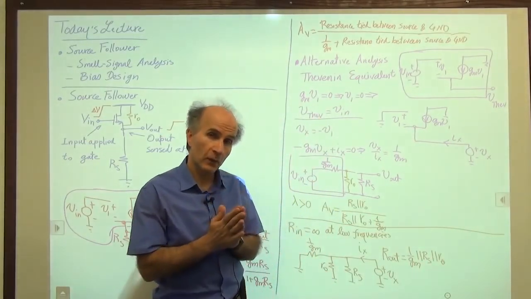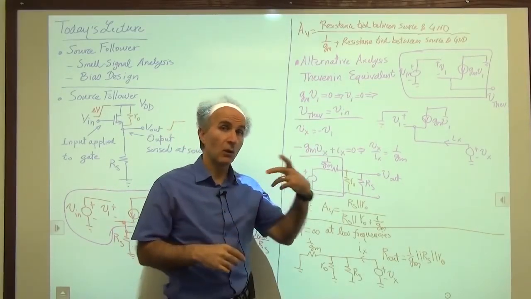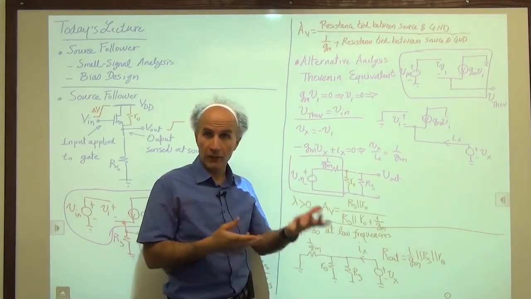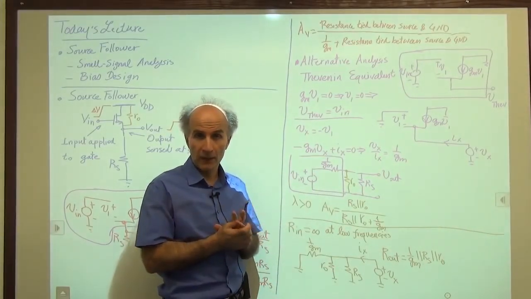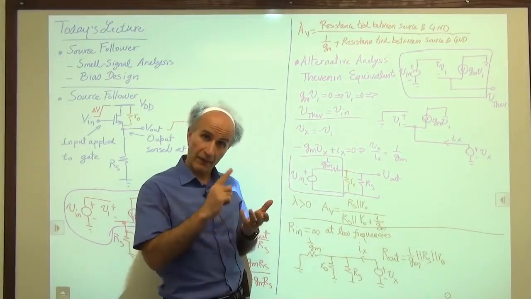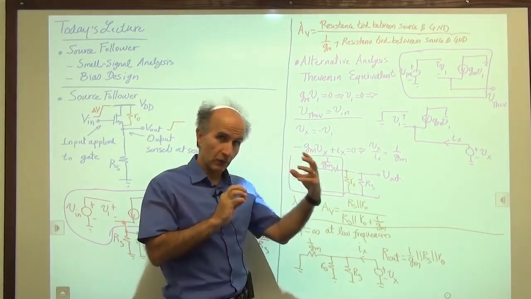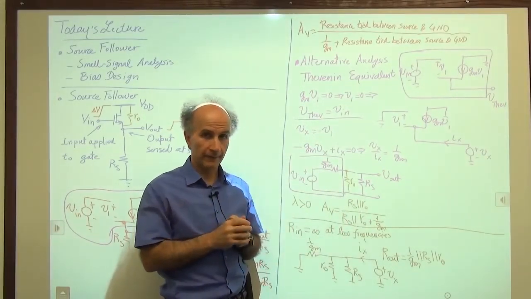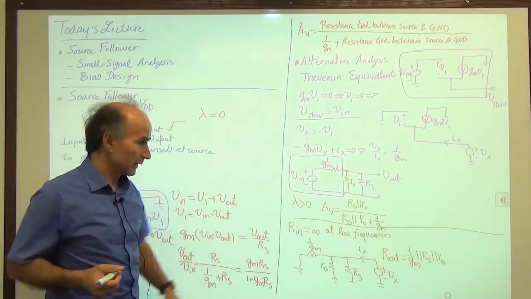So the source follower is very interesting. It has a high input impedance and a low output impedance, sort of the other way from the common gate stage. And we have to see how we can utilize an amplifier that has a gain of less than 1, but has a high input impedance and a relatively low output impedance. So for that, I'll show you an example, and we'll see how these come into the picture.